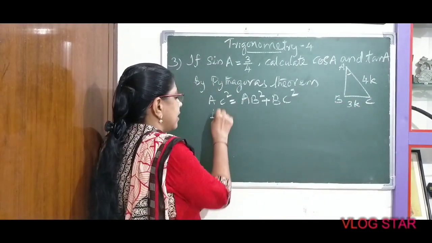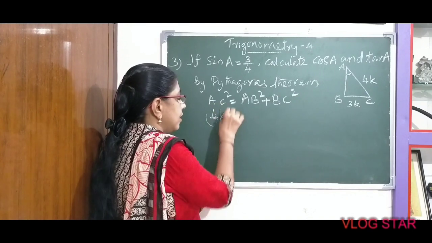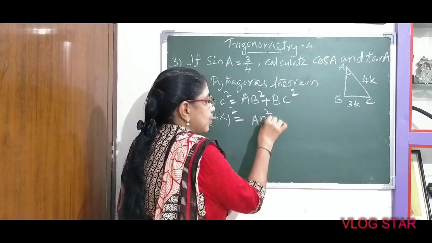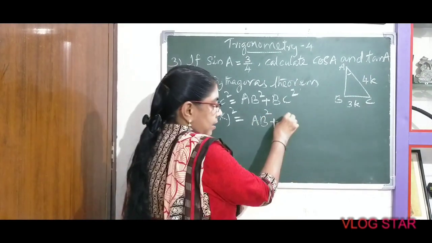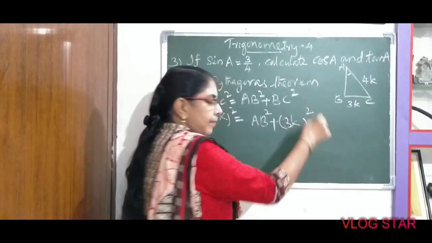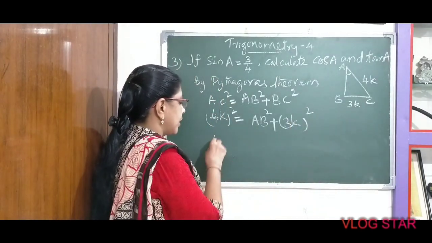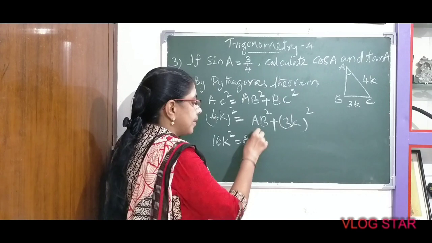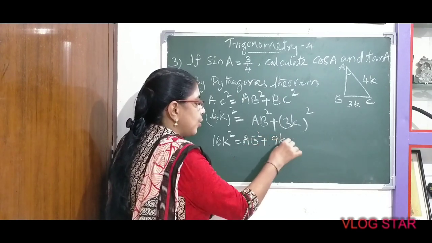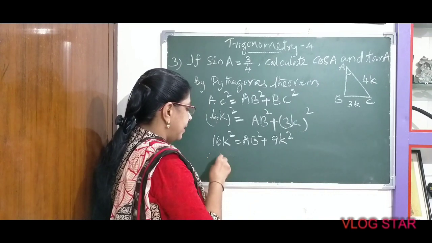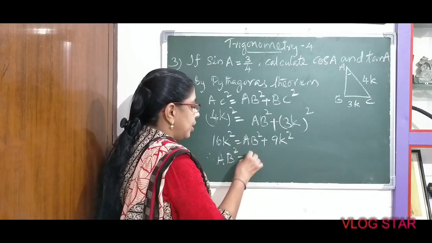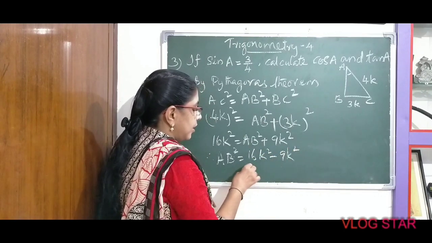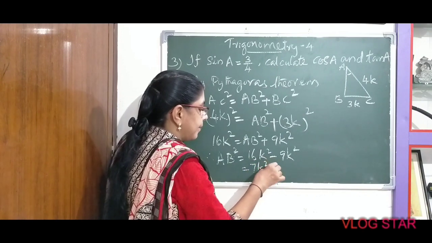So 4K square is equal to AB square plus BC, which is 3K, 3K square. 4K square is 16K square, equal to AB square plus 9K square. Therefore, AB square is equal to 16K square minus 9K square, that is equal to 7K square.